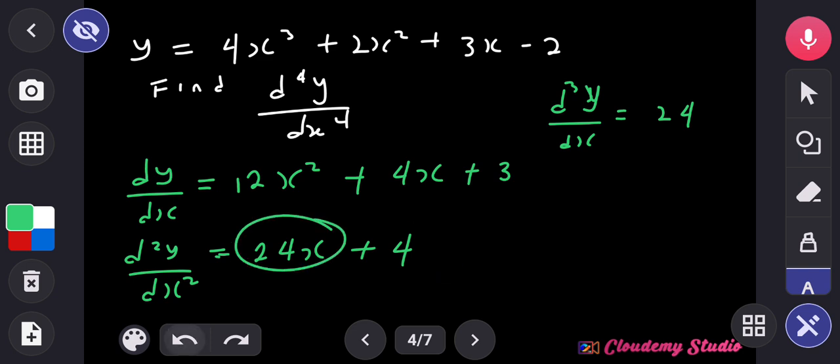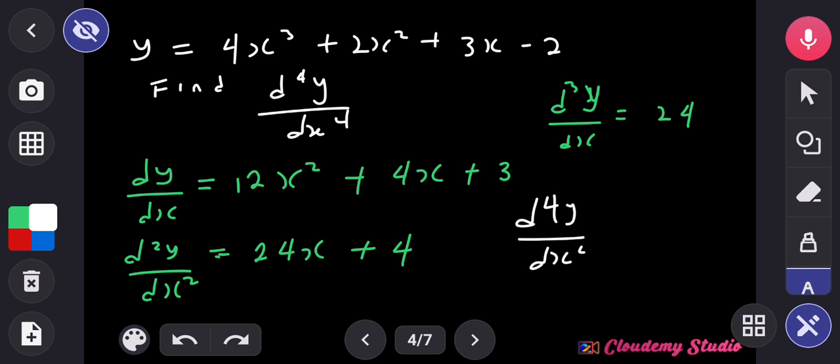Differentiating 4, you have 0. I'm sure that we understand that. And d⁴y/dx⁴ will be equal to 0, because differentiation of 24 itself equals 0, which means we have our fourth derivative of this particular function to be 0. So that is how it goes.